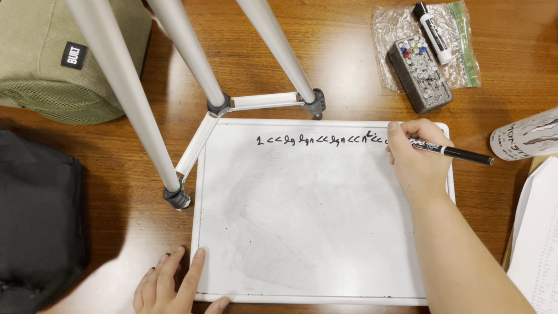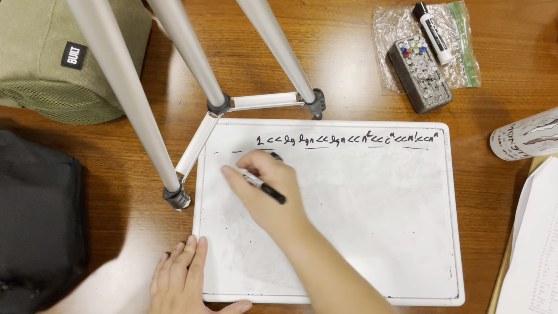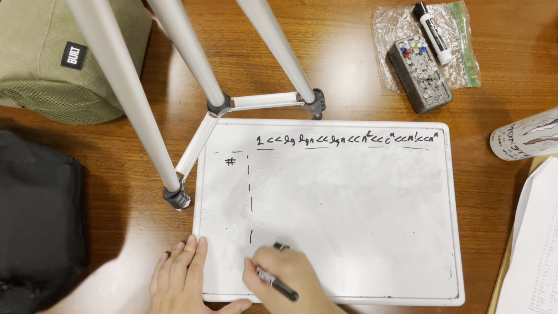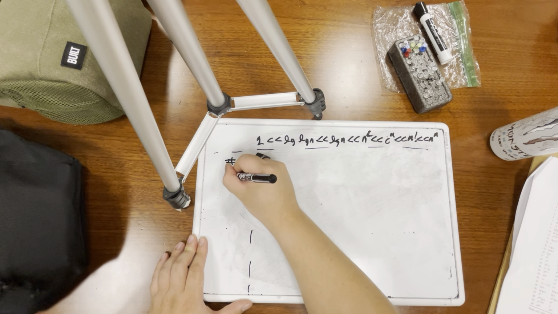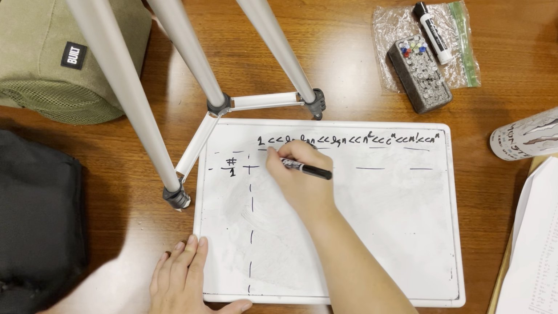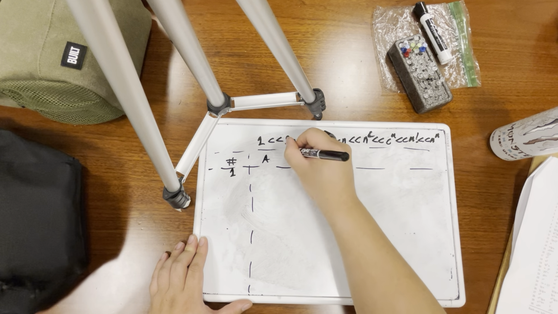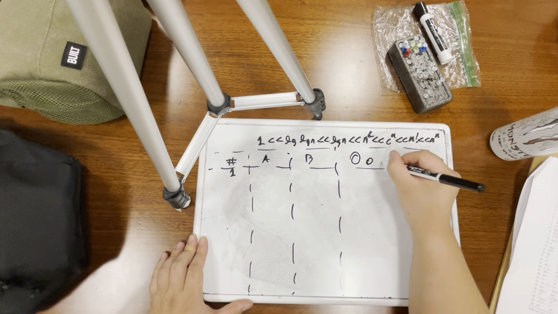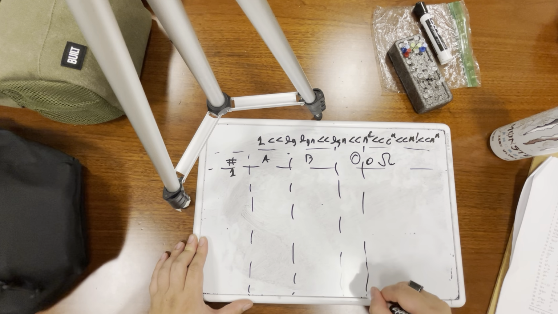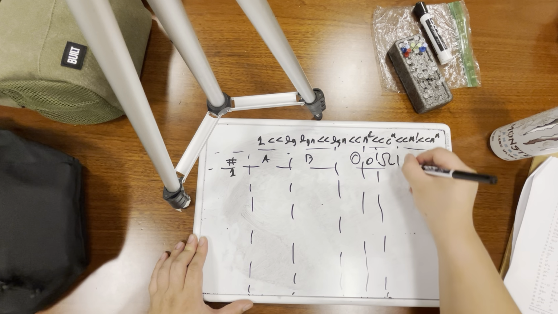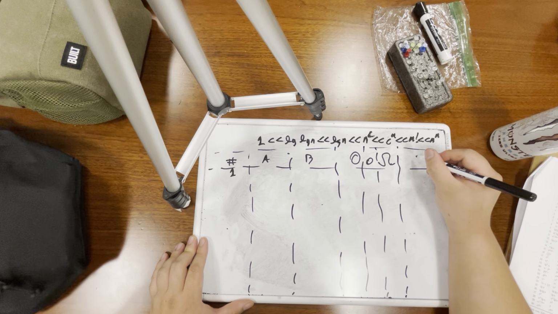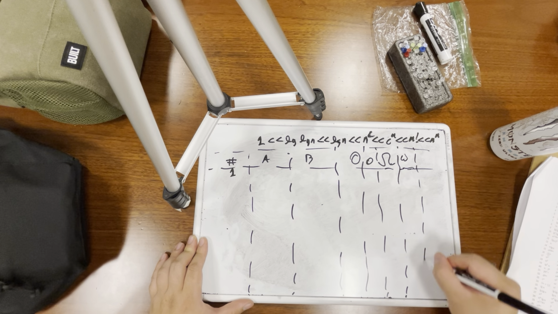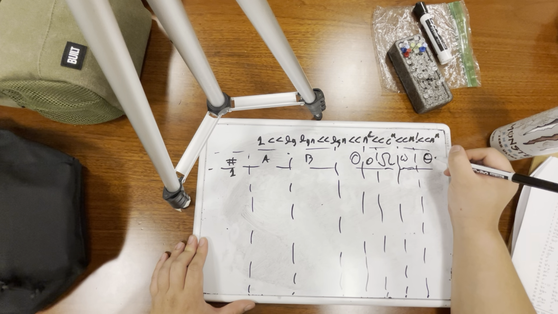So for the first one, we have 1, A, B, big O, little o, omega. And instead of saying yes or no, I'll just put a check mark for yes and an X for no.